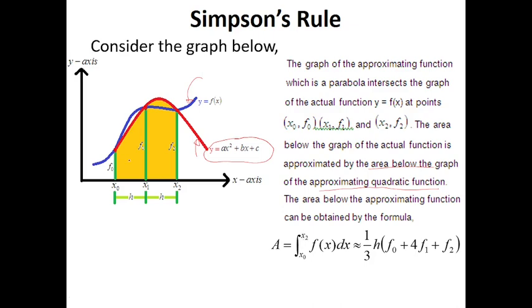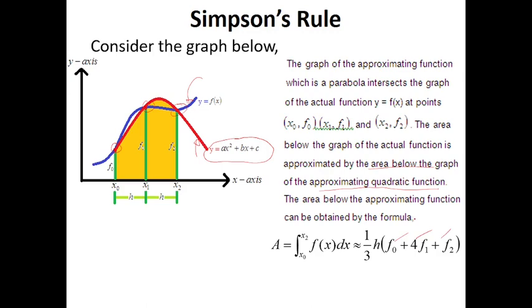In this case, we should have 3 points: x sub 0, f sub 0, x sub 1, f sub 1, x sub 2, f sub 2. And that is approximated using Simpson's rule formula, that is 1/3 h times f sub 0 plus 4 f sub 1 plus f sub 2.